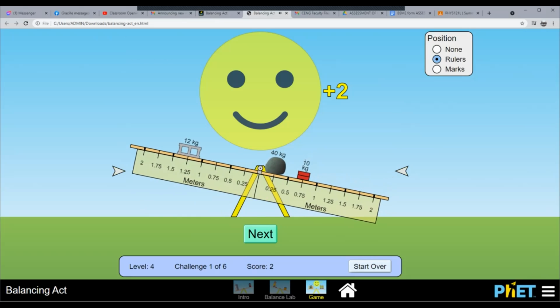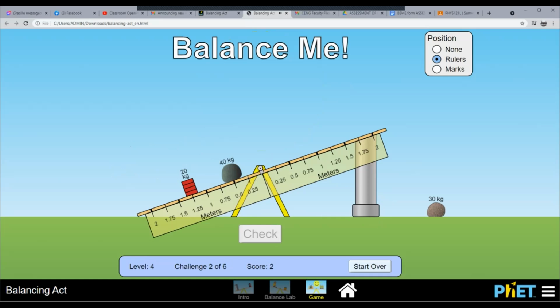Okay, so that's correct. Next, where do we put the 30 kilogram? To balance the condition. Sa 1. 1 meter? Dito? Opo. Okay. So let's check. It's wrong. Try again. Any other answer?